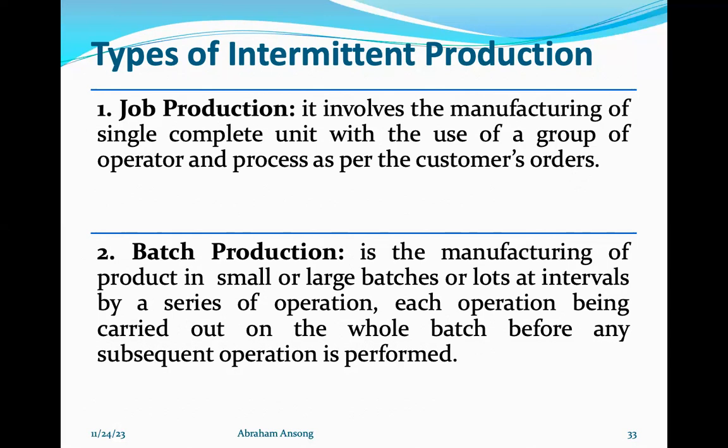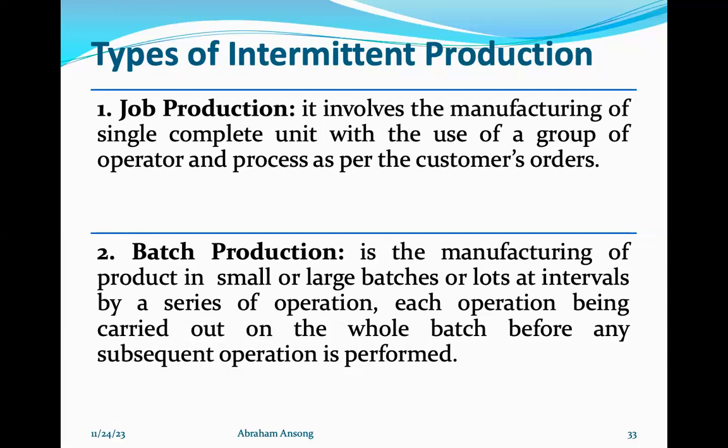So it's just a single thing. Somebody comes and says he wants a table of a particular type. And so you go to work adjusting your operations and cutting your woods and everything to fit the requirements or the orders of the customer. That is job production.